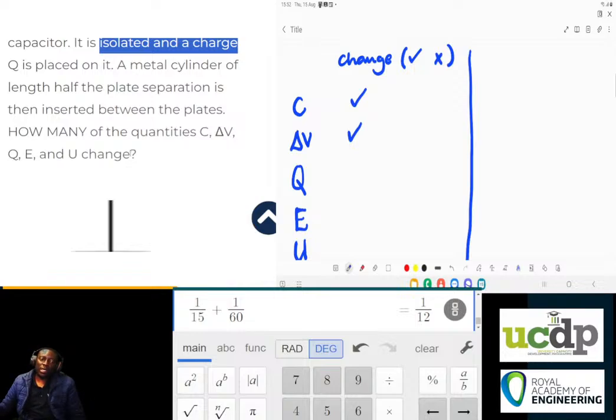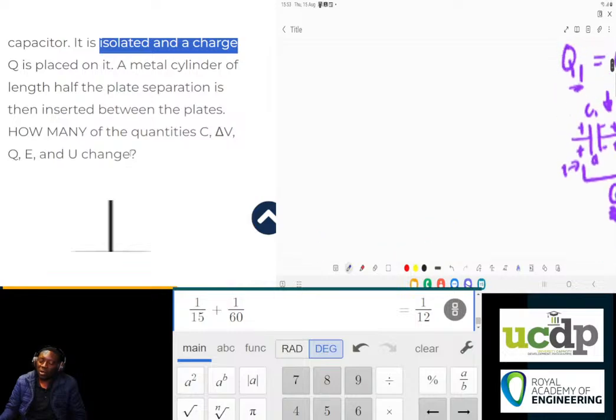The metal is just coming in as a dielectric, remember. Let's say the metal is brought into this system neutrally charged, as a neutral dielectric. So it is just a dielectric, it doesn't introduce charge into the system. But does the charge that we have deposited on the capacitor change?